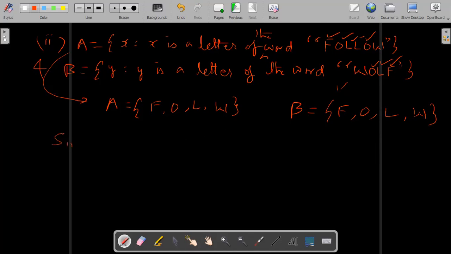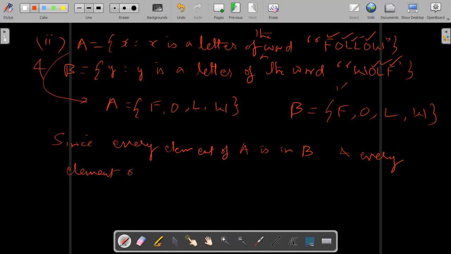So we will write the reason: since every element of A is in set B, and every element of B is in A. That is, both have exactly the same elements.